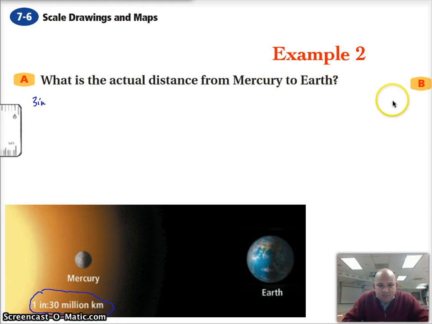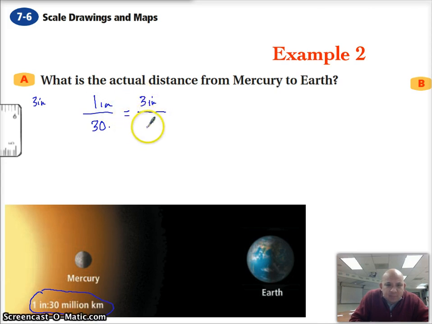What does that mean for real life? Within this ratio, we're going to write down 1 inch equals 30 million kilometers. Okay. With that said, I'm going to put the 3 inches on top because that's where inches are, 3 inches. And then I'm going to put the distance d, a variable, down here.